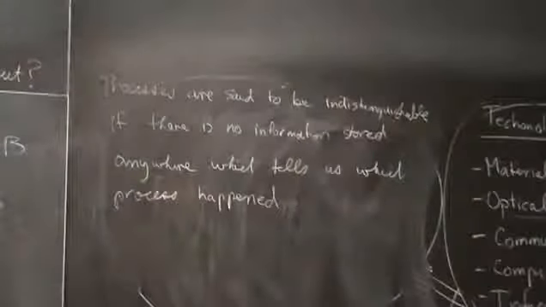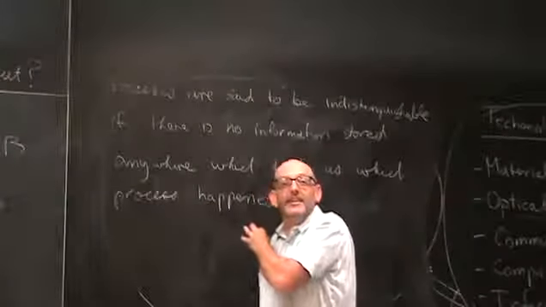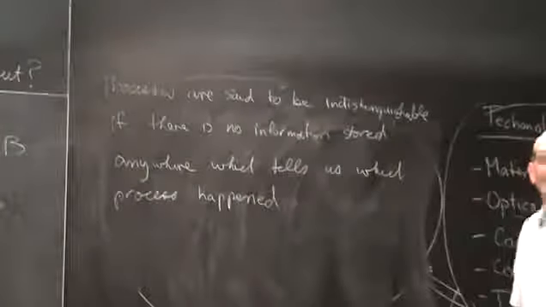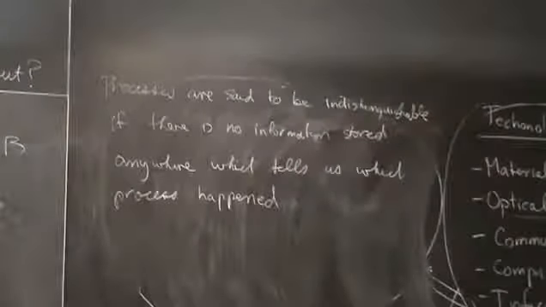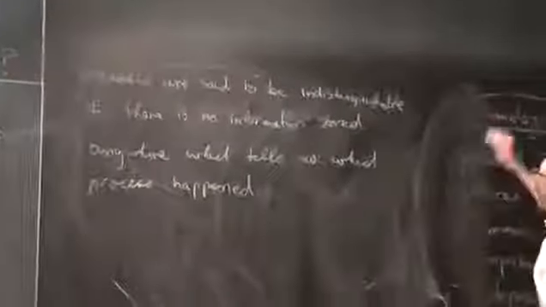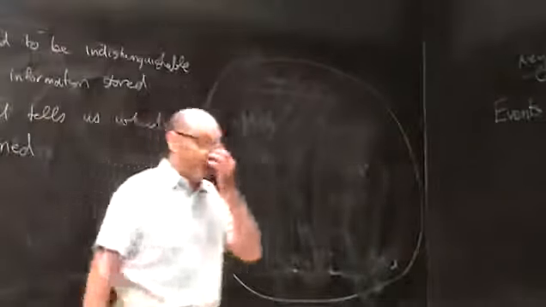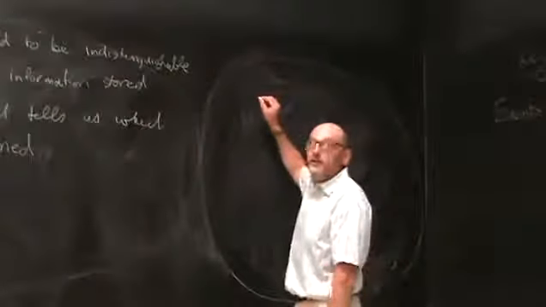So if, in principle, there is something that tells which of these processes happened, then the processes are no longer indistinguishable. And in that case, they no longer interfere. So if the processes are distinguishable, as opposed to indistinguishable, well then those two alternatives no longer interfere with one another. So for example, let's draw our Mach-Zehnder interferometer again.